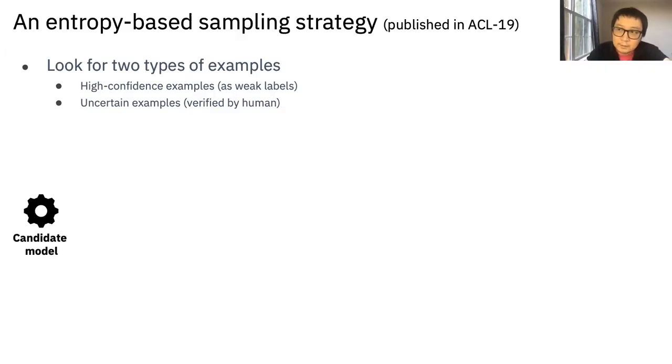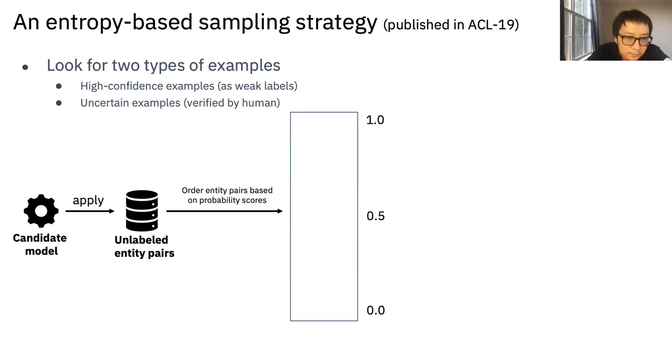So the idea is the following. Once we have the candidate model, we apply it to the labeled entity pairs, right? We then get labeled pairs. Then because the deep neural net will also give you the probability of the prediction, you can rank the labeled entity pairs based on their confidence scores.